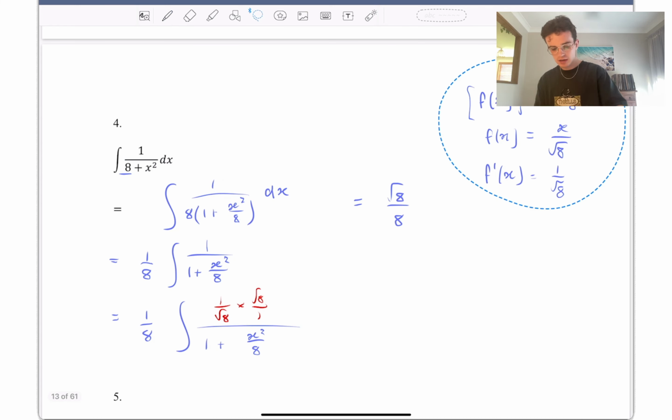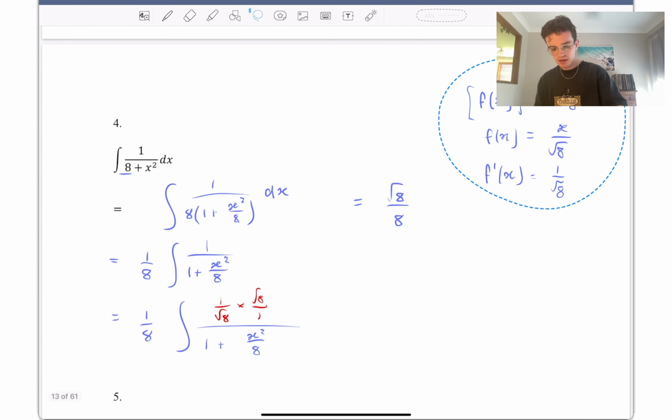The differentiation of our f of x, x on root 8, was 1 on root 8, which is what we've got on the top, and we've also got an x squared thing down there. So this is equal to root 8 on 8 tan inverse of f of x.